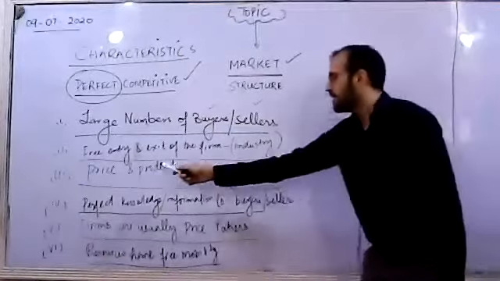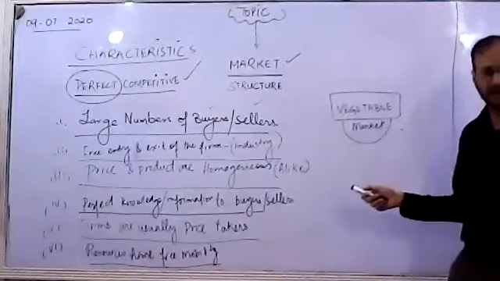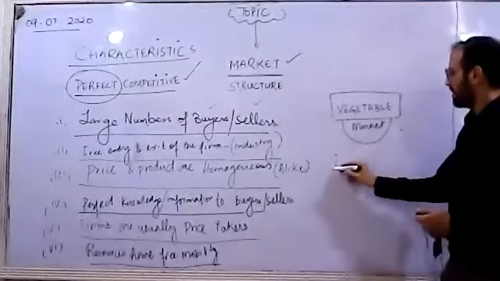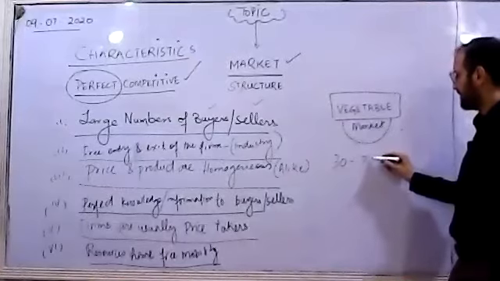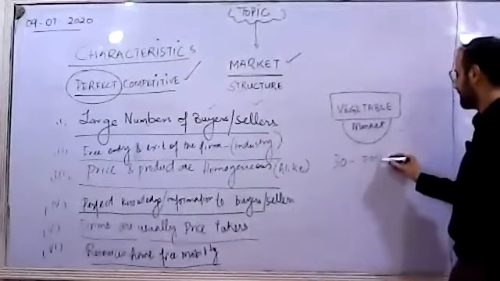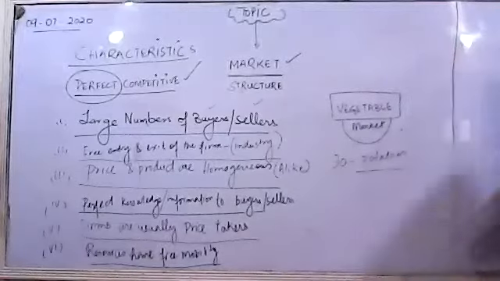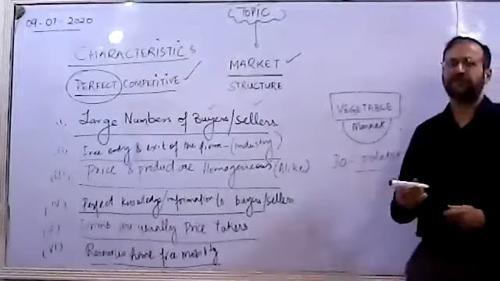Second, third, the prices and products, are they homogeneous? Yes, they are. If let's say there are almost 30 people selling potatoes, you cannot differentiate them.